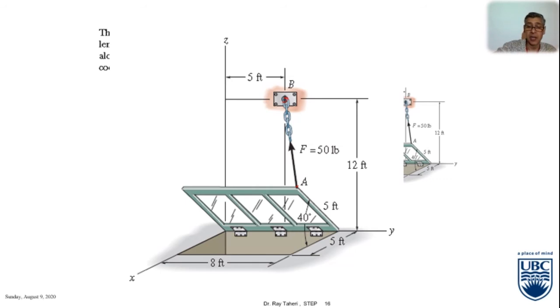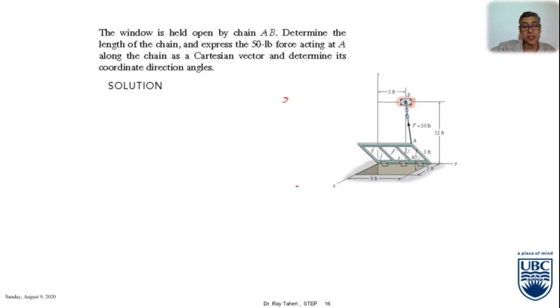Then when you have the vector AB, you use the unit vector of AB, which has i, j, k components, and then you multiply the unit vector by the magnitude of the 50-pound force, and that will give you the component of force F in the direction of AB. A very practical question. Let's go step by step.